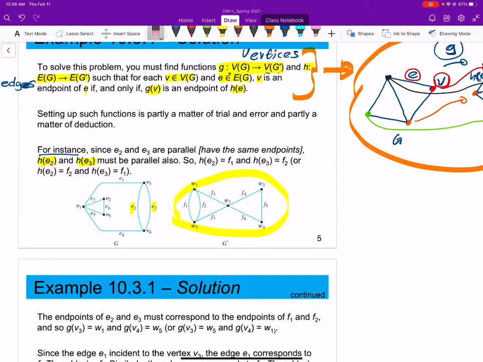What are parallel in the right hand side graph? You can see these edges are parallel. That means these edges will map with these edges. That's how the mapping will happen.